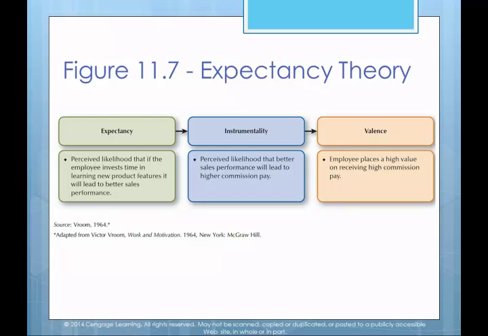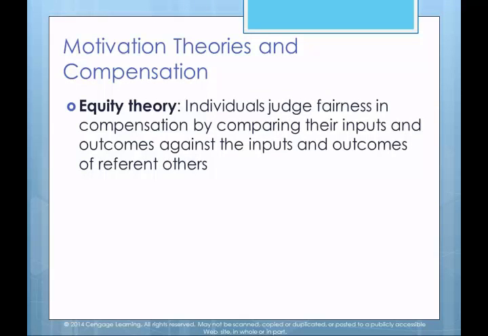These are examples. So that's an expectancy. Instrumentality is the perceived likelihood that better sales performance will lead to higher commission pay. And then valence is when the employee places a high value on receiving that commission pay. So those are the components of the expectancy theory.